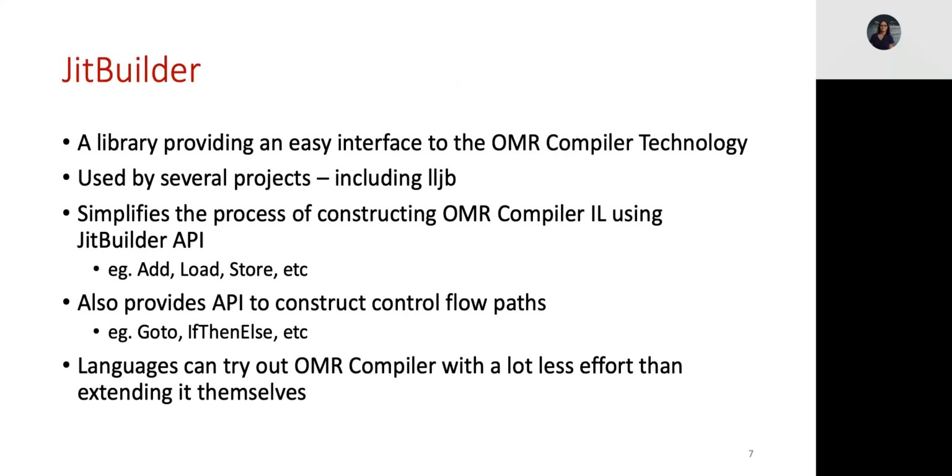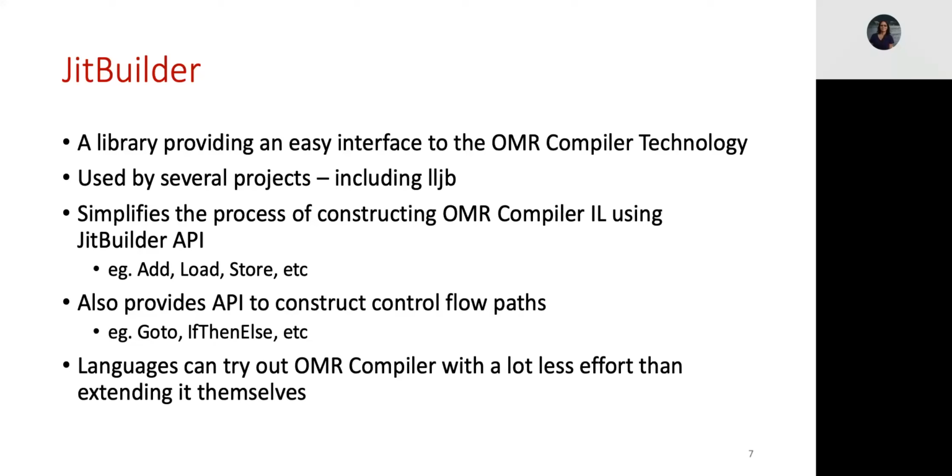It simplifies the process of constructing OMR compiler IL using the JitBuilder API. So the JitBuilder API provides a number of services to construct OMR IL, such as add, load, store, and so on. You can even create control flow paths using services such as goto and if then else and so on.